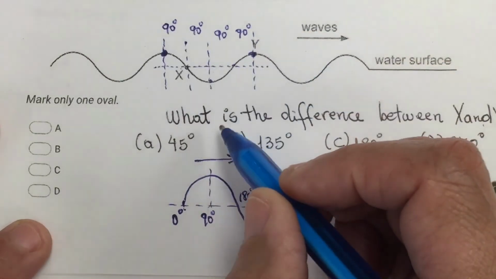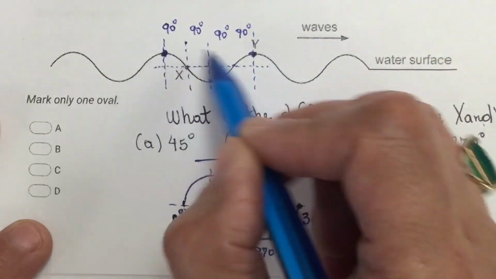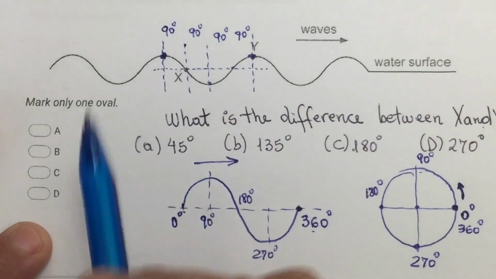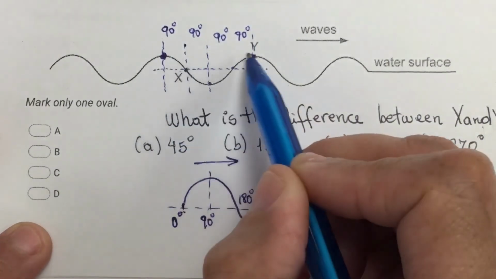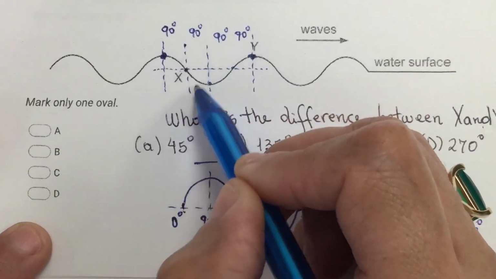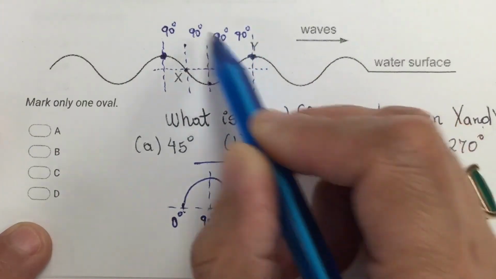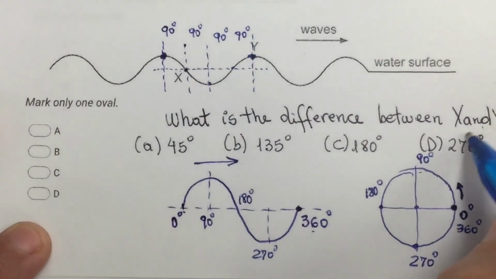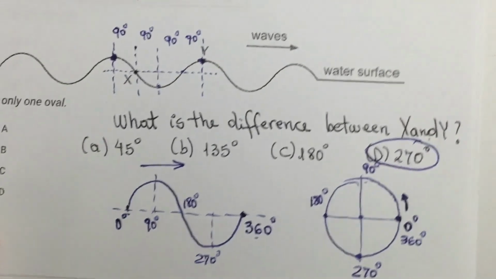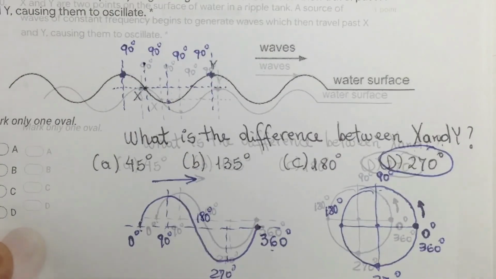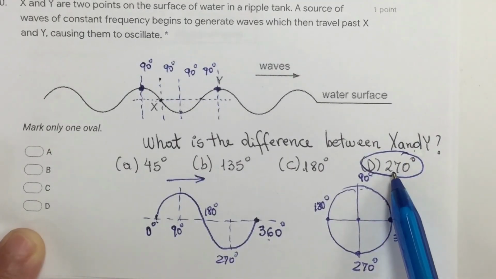And we have a complete 360 degrees between here and here. However, the problem is asking between X and Y. So we have here 1, 2, 3. 3 times 90 is 270 degrees. So this is the final answer for this problem.